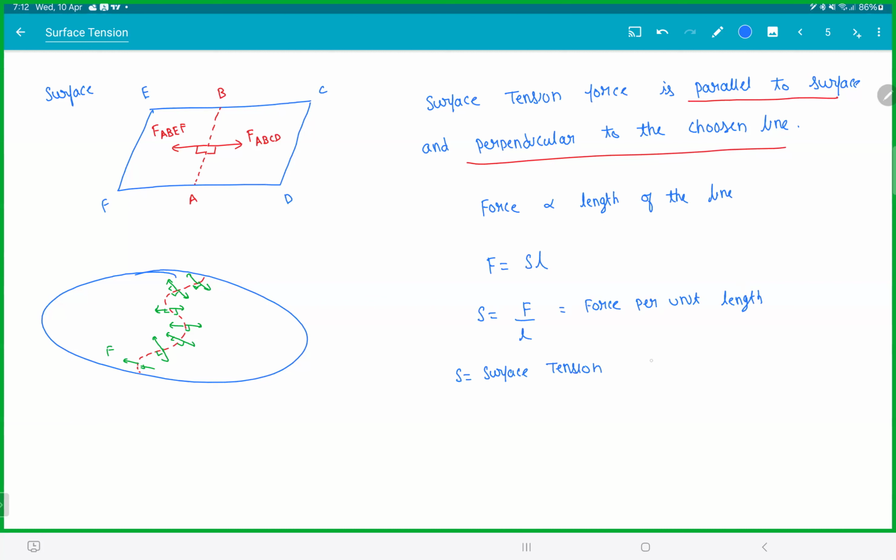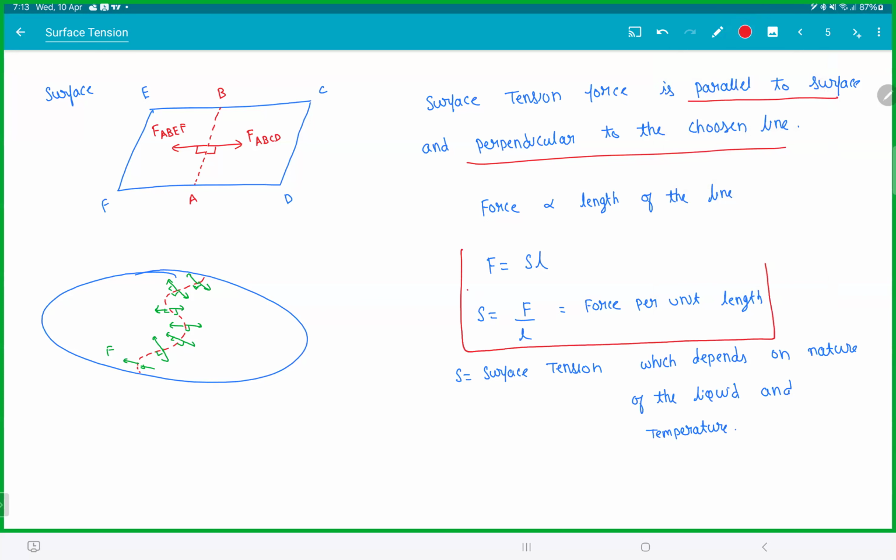S is surface tension, which depends on the nature of the liquid and the temperature of the liquid. So this is your first formula or the mathematical thing here. F is equal to S into L.